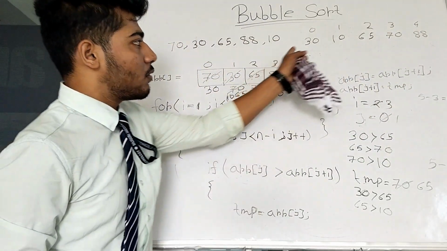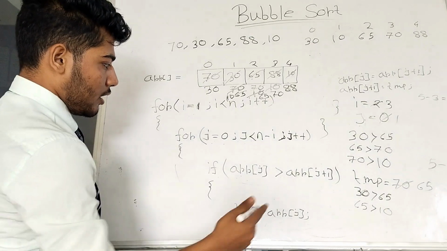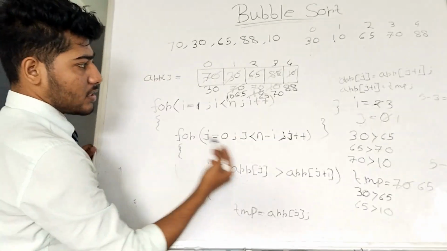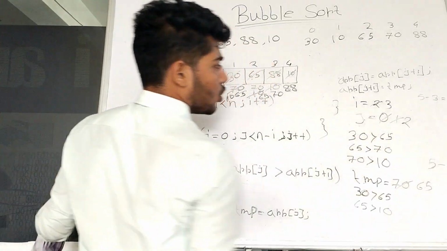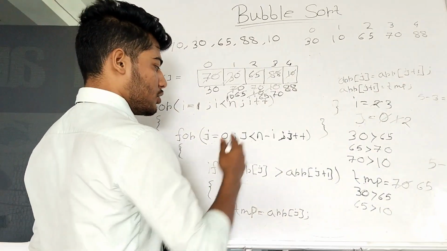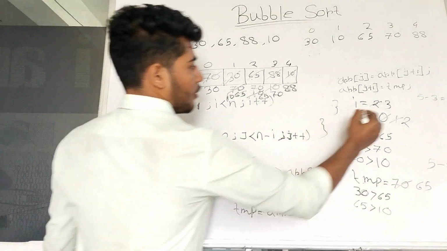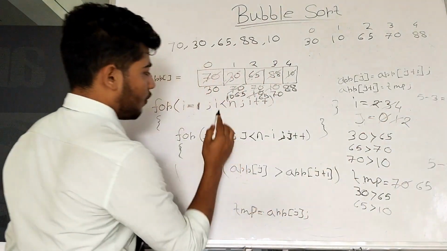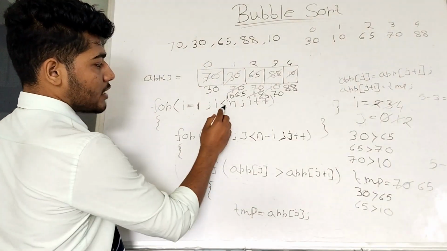This is the new array. Next, j will be increased, so j will be 2, less than 2? False. So it will exit, and now i will be 4.